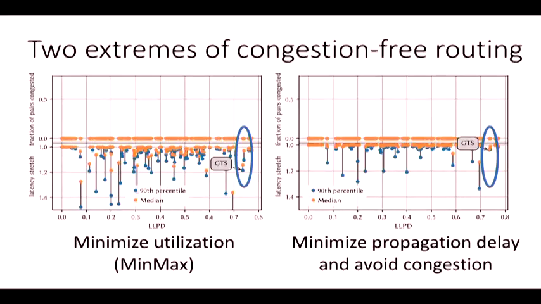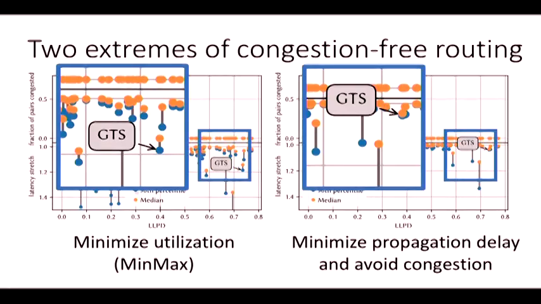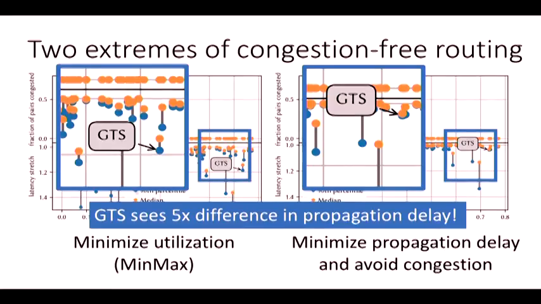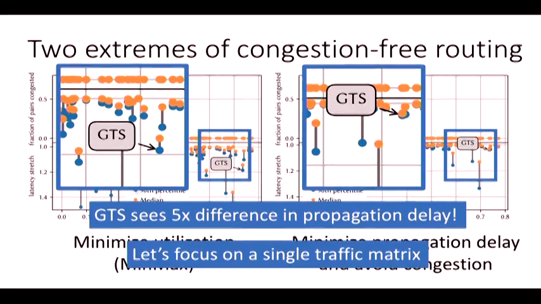Let's zoom in on GTS, which has been our running example. Notice that GTS sees a 5 times difference in propagation delay between those two extremes, which is massive. So let's focus on a single traffic matrix to understand why this is happening.